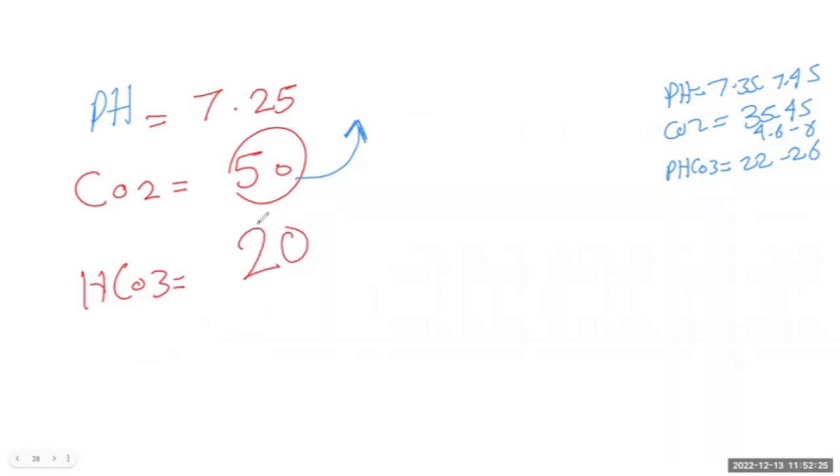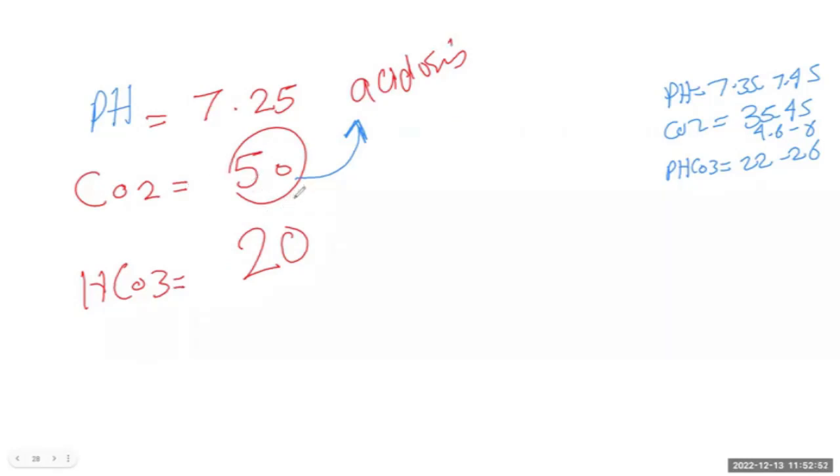So carbon dioxide increased and the bicarb decreased. Which one of them caused this acidosis? The answer, mixed. Why mixed?